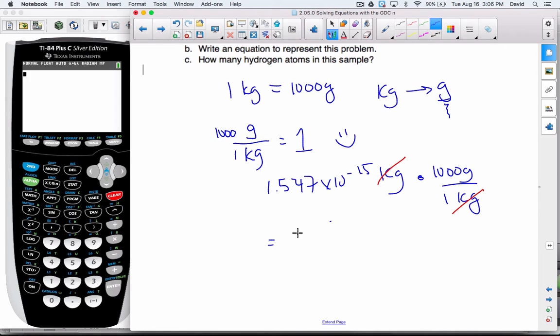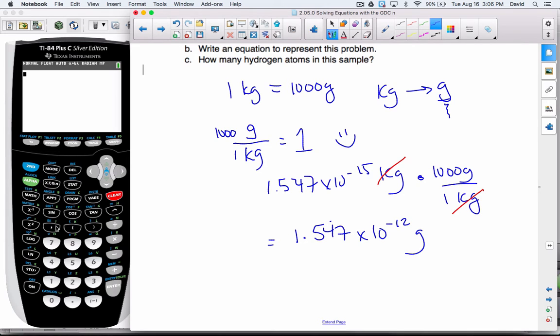If I'm going to make it larger by 3, the 3 zeros, I add 3 to that to get negative 12 grams. Would the science teachers be happy with that approach? Sure, and you could check it with your calculator.